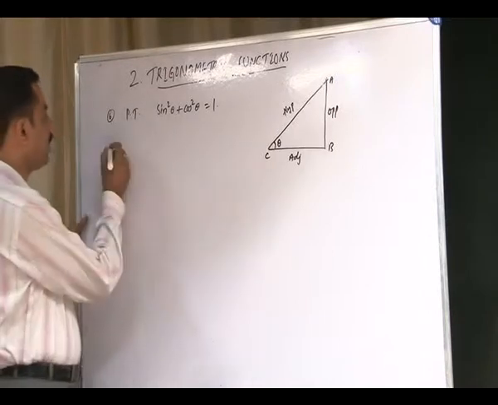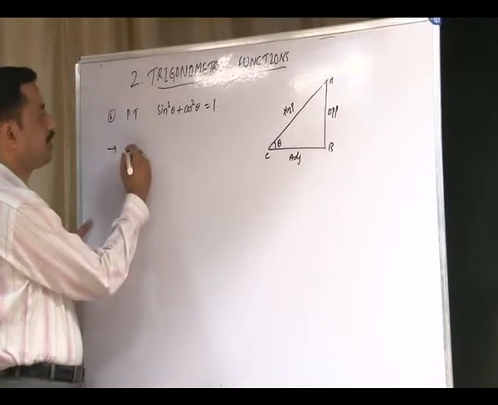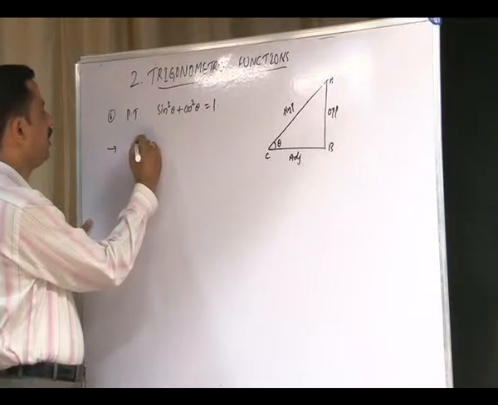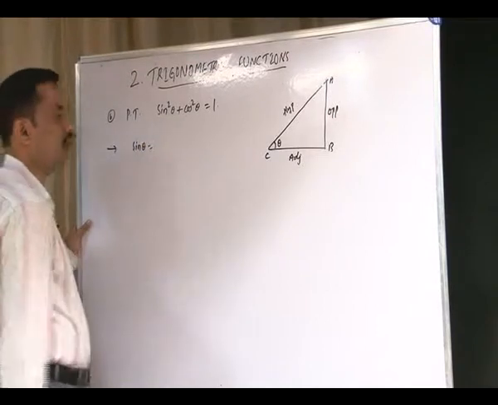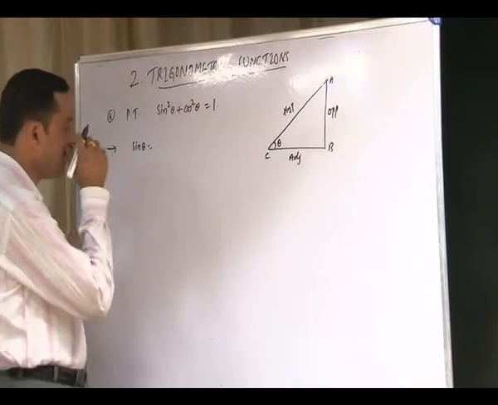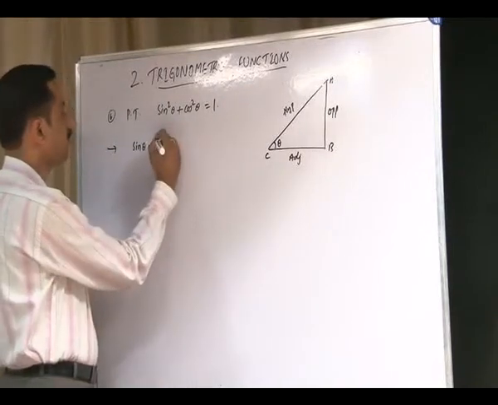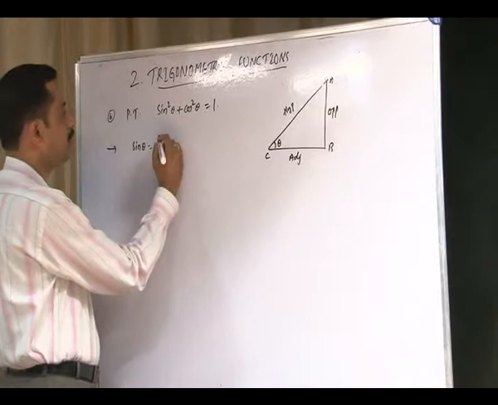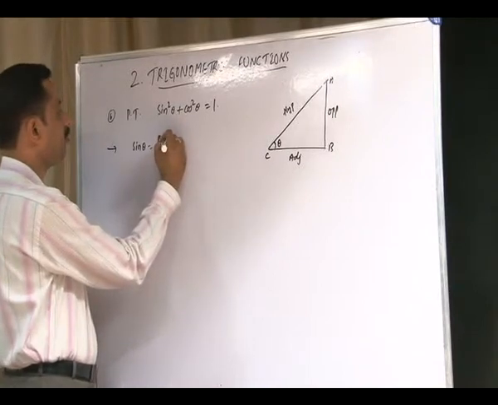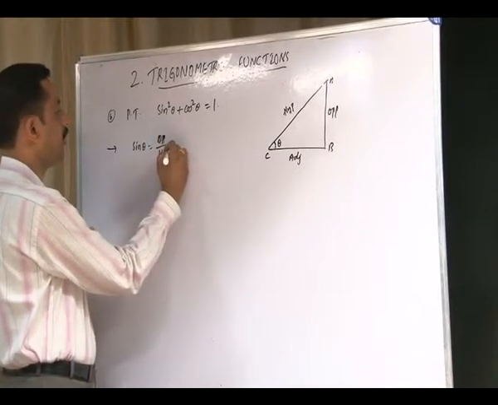So, in this triangle we know that by definition sin theta is equal to, what is the definition for sin theta? Sin theta is defined as the ratio of opposite side divided by hypotenuse.